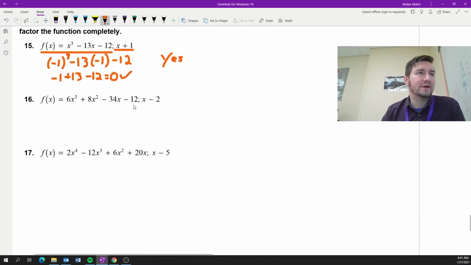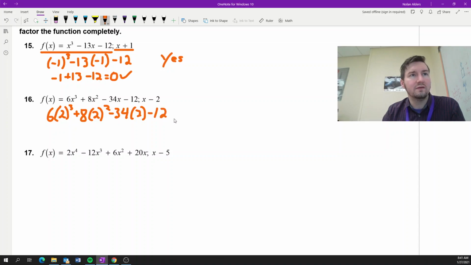We could do one more, and then we'll call it a day. So let's take this -2, change the sign, and substitute it in. So we'll have 6 times 2 cubed plus 8 times 2 squared minus 34 times 2 minus 12. Now, I'm definitely going to use my calculator for this a little bit. So 2 cubed is 8. 8 times 6 is 48.